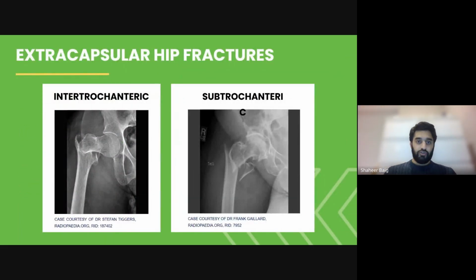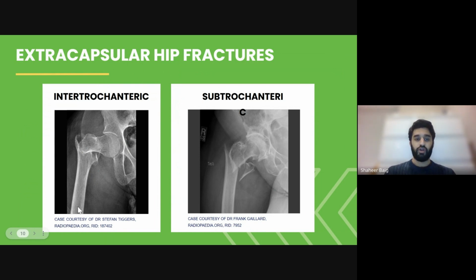And then we come into the extracapsular hip fractures. We've got an intertrochanteric fracture, which is usually extending from the greater to the lesser trochanter. Now we've got a degree of proximal displacement of the distal fragment. When we talk about displacement in fractures, we talk about the distal fragment.